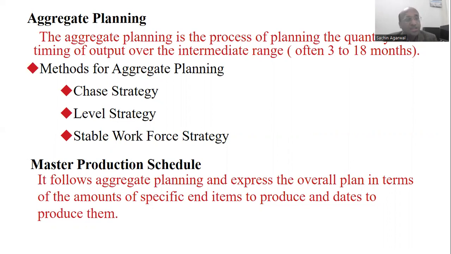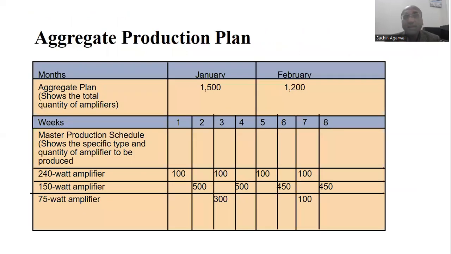Then the master production schedule follows the aggregate planning and expresses the overall plan in terms of the amount of specific items to produce and the dates to produce them. It means the MPS decides in how much quantity the different products are required. This is the aggregate production plan. Now, suppose this is the production plan for the month of January.